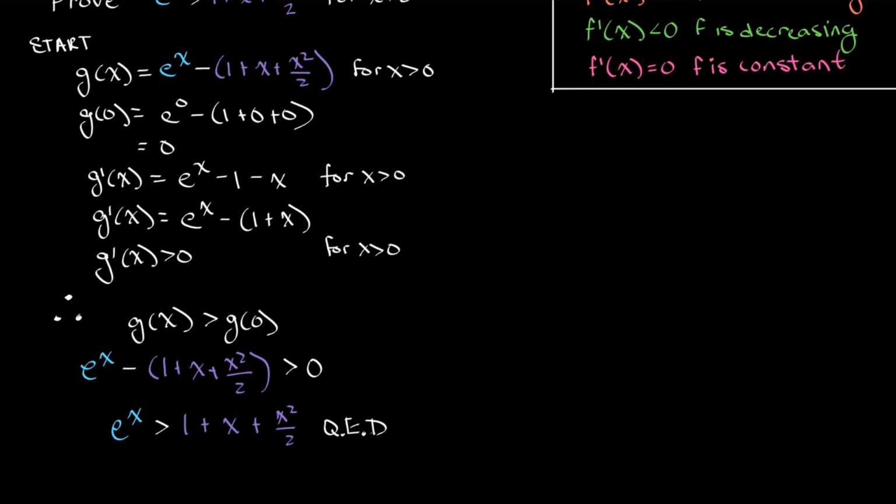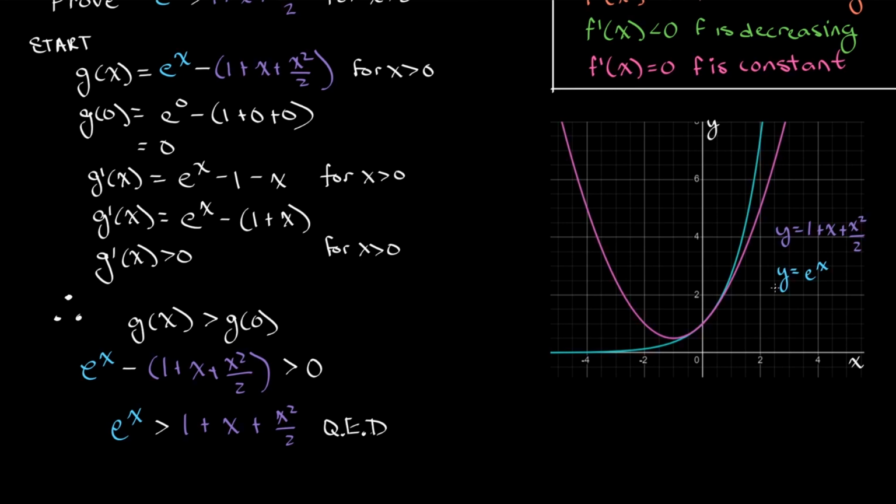And again, before we leave, I'll toss up a graph here. So these are our two functions, and you can definitely see that e to the x is greater than 1 plus x squared over 2 for x greater than 0. And you can also see that this is the quadratic approximation for e to the x at x is equal to 0. And we've already touched on quadratic approximations.